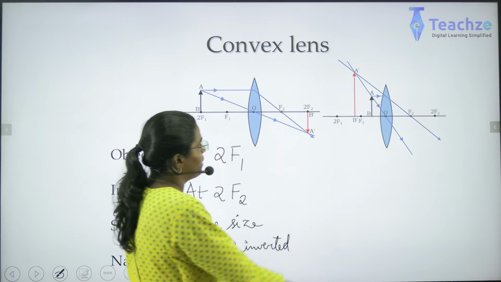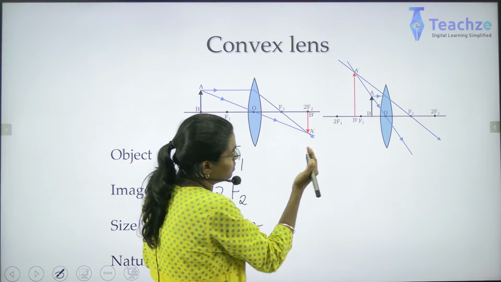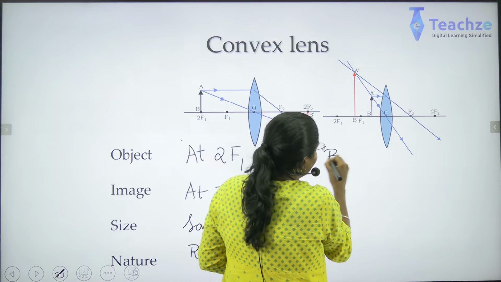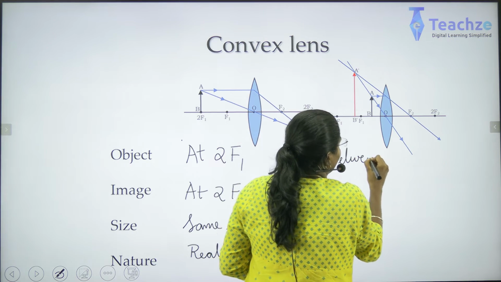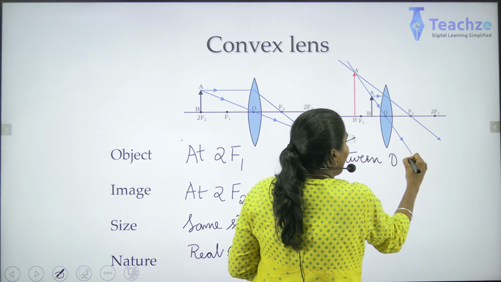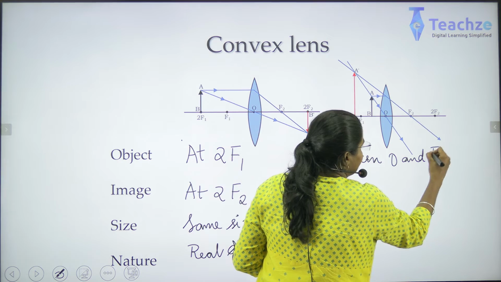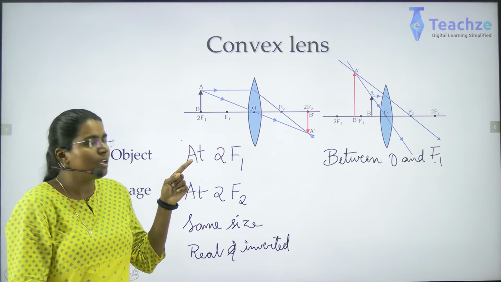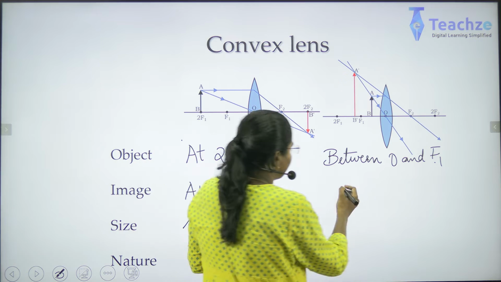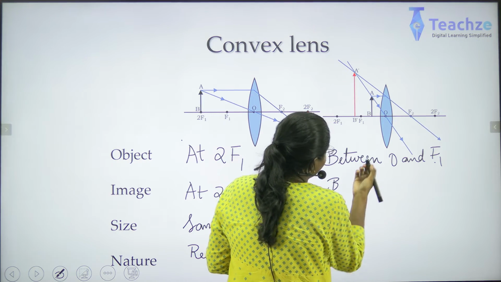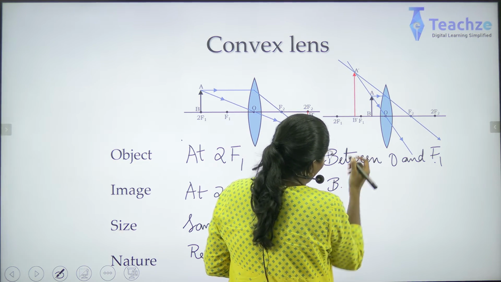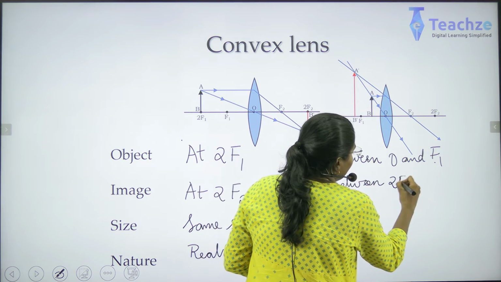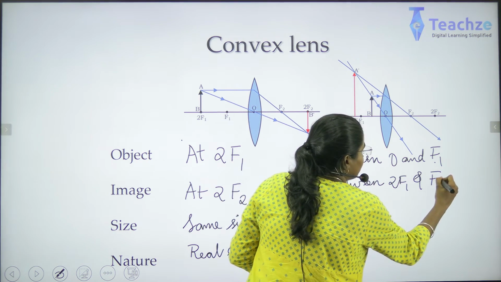Okay. Next one. When I take the object a little closer, my object is between O and F1, optic center and F1, right? So my image will be behind the object itself. You can write behind the object, or between 2F1 and F1.